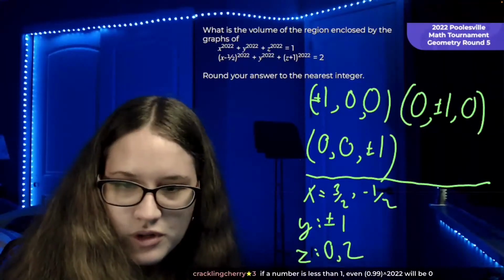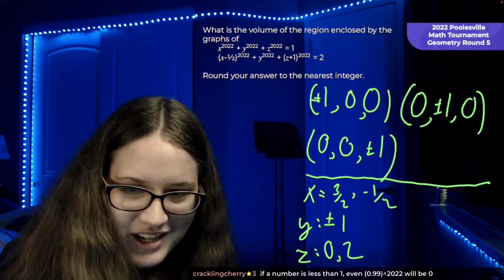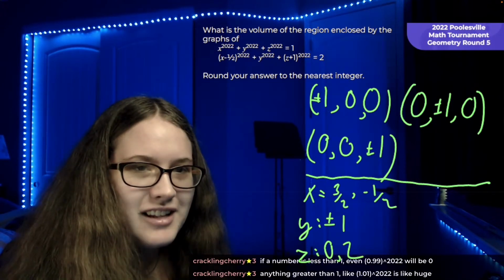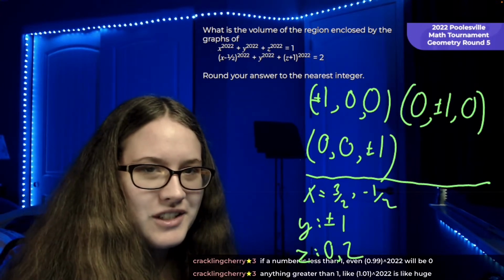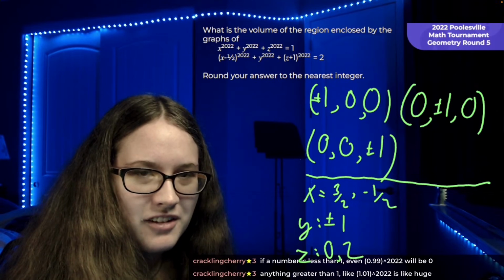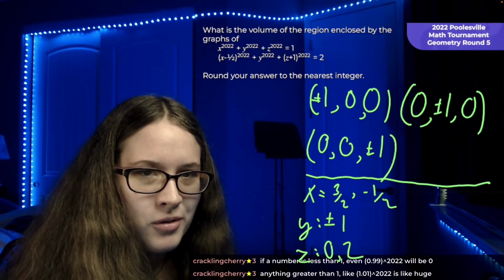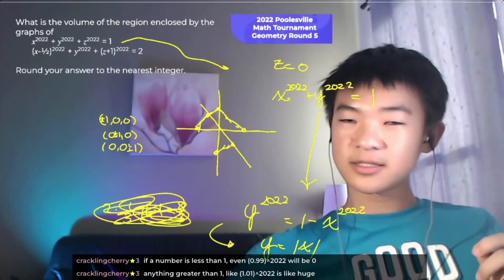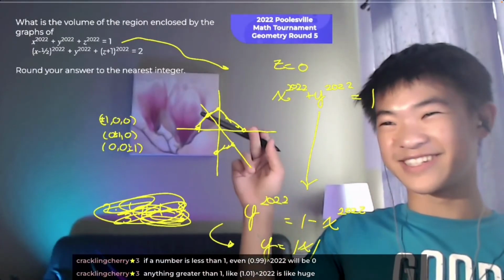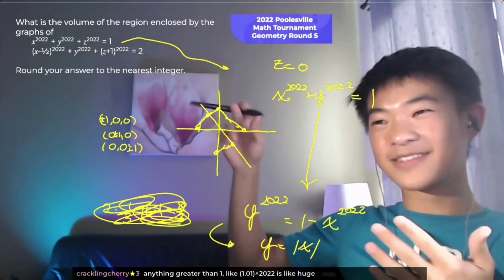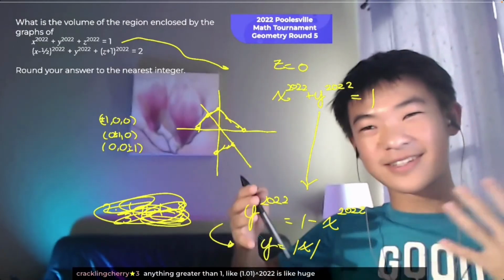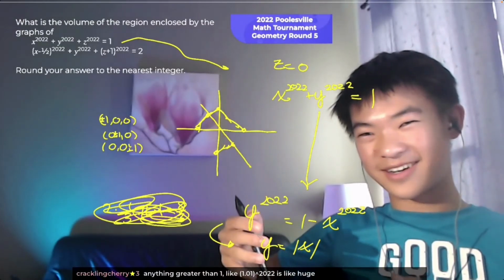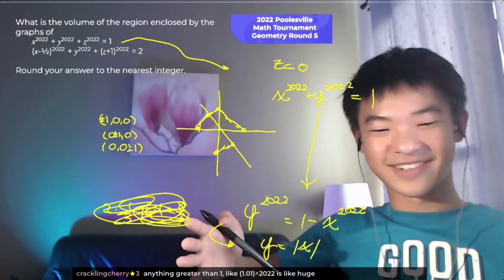We have a good point in chat from Crackling Cherry, which is actually just that they'll both be pretty dang close to 0, always. That prompts a thought. I think because the answer says round your answer to the nearest integer, since the numbers and the powers are so big, I'm sure we could do some sort of hardcore rounding.